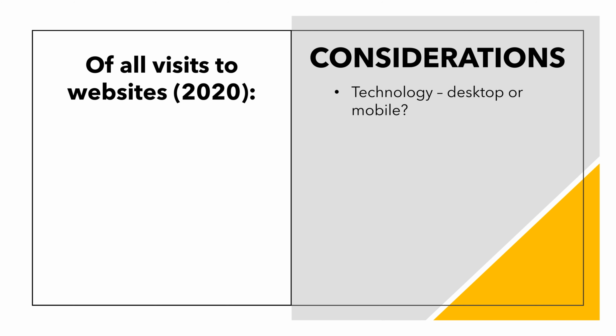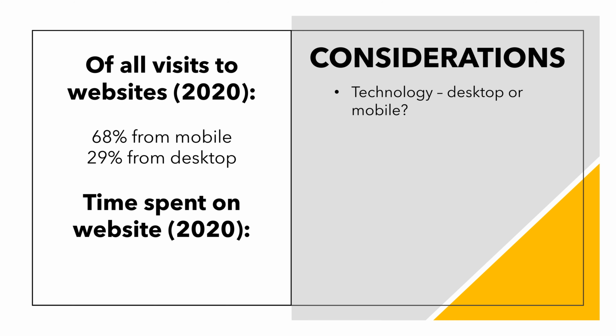Considering means of accessing websites in 2020, 68% of all visits globally were from a mobile device, while desktop access comprised 29% of all visits. However, when comparing the time spent on a website, desktop access comprises 46% of time on a website.